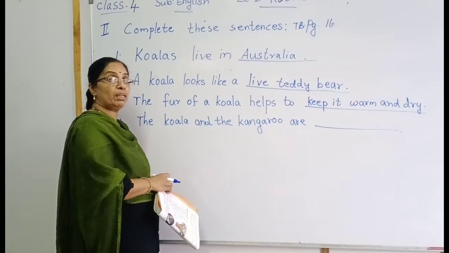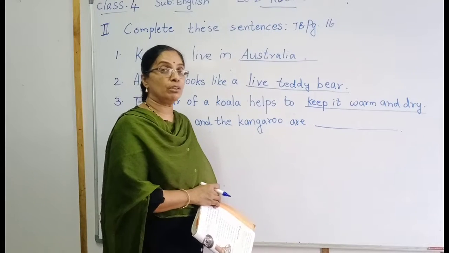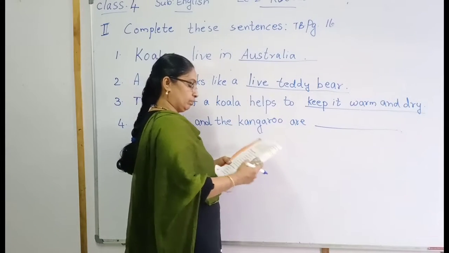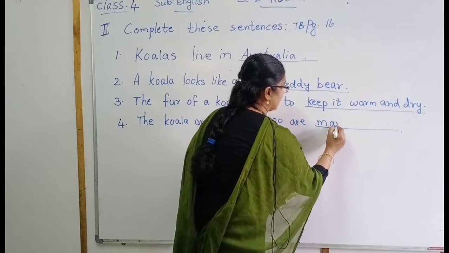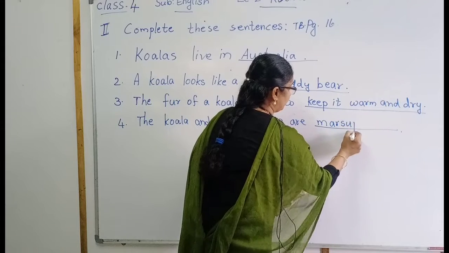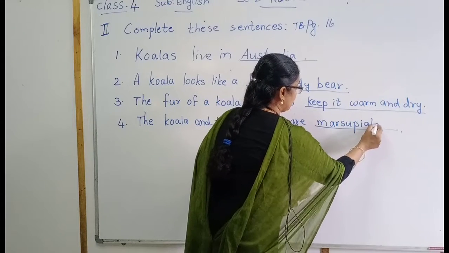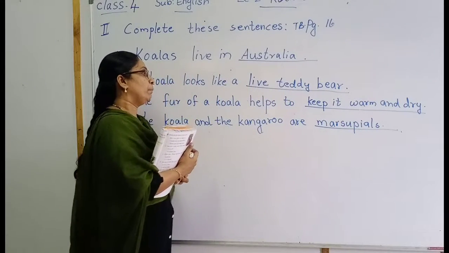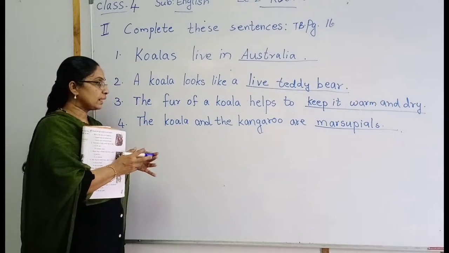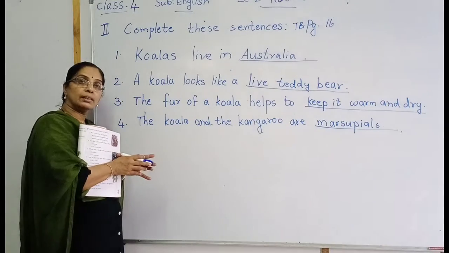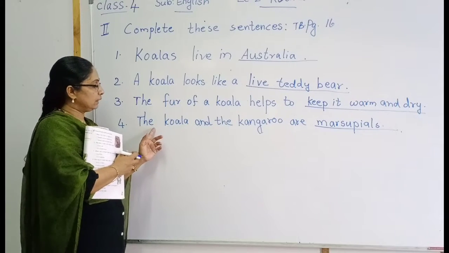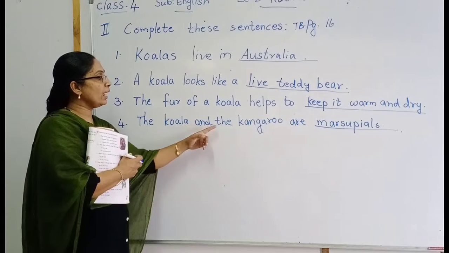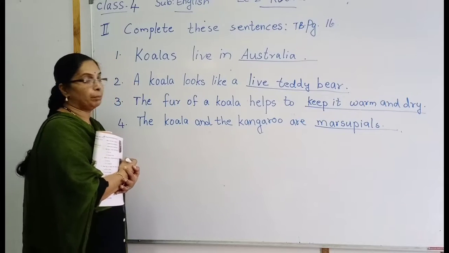Which type of animals? Mammals or marsupials? The marsupials. Marsupials means giving birth to babies and keeping them in the pouch. Read the sentence. The koala and the kangaroo are marsupials.